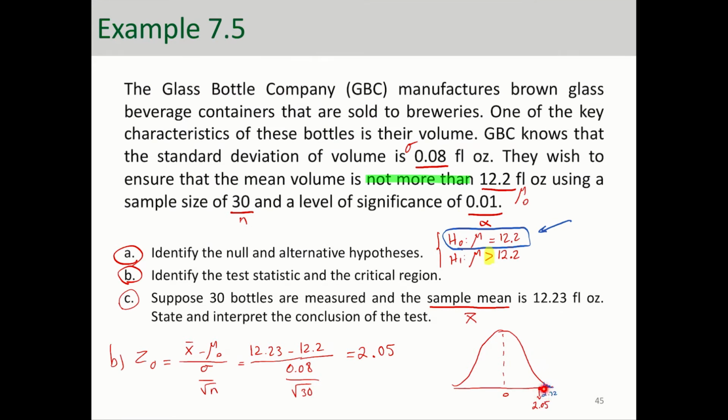Now, you can clearly see that we're very close to the critical region. If the critical region was a little bit bigger, then we would have been in the critical region and we would have rejected the null hypothesis. So the decision that we're making is really sensitive to the choice of alpha. If the choice of alpha was any larger number than 0.01, maybe 0.05, then we would have rejected the null hypothesis.